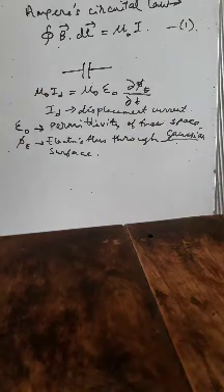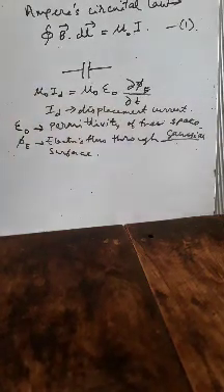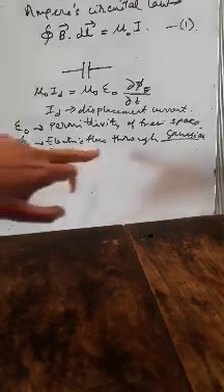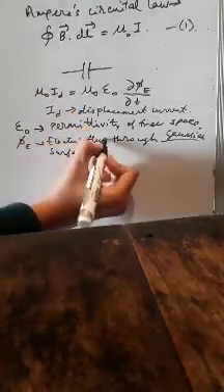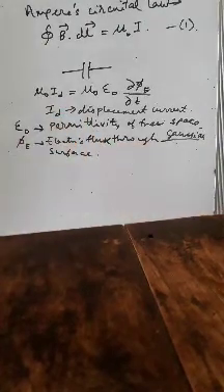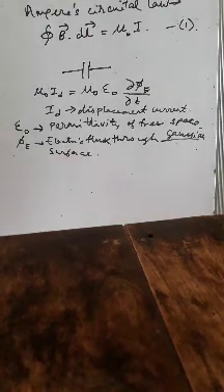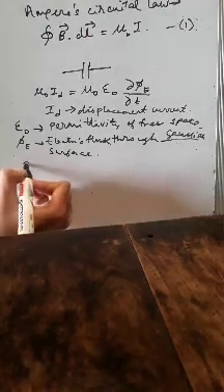Alright, students, so this equation Maxwell brought. Since this phi E is our electric flux through the Gaussian surface, if we differentiate this phi E, what will be the result?